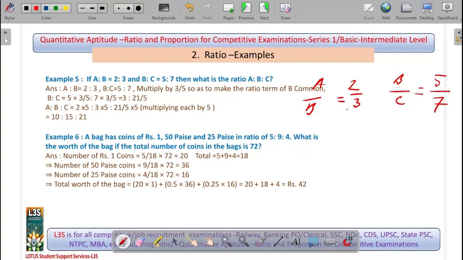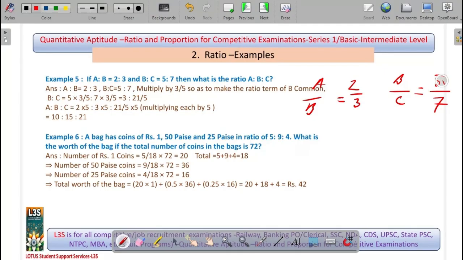Now, if we want to make a ratio, we have to first make B common. Here its value is 3, here it is 5. If we make it equal in both the cases, then it will be easy for us to compare and make the ratio.